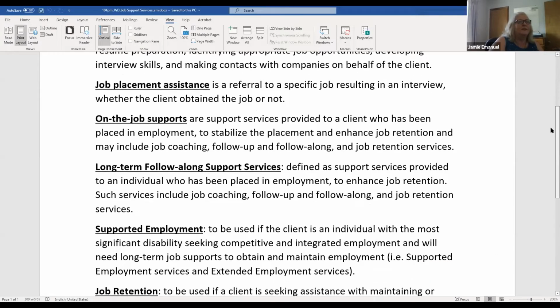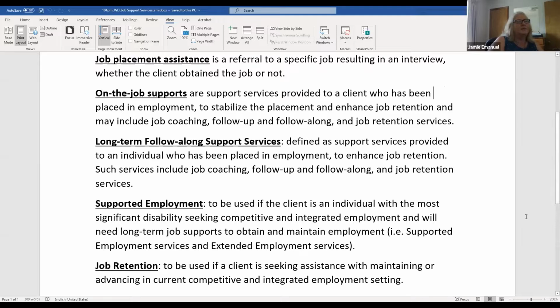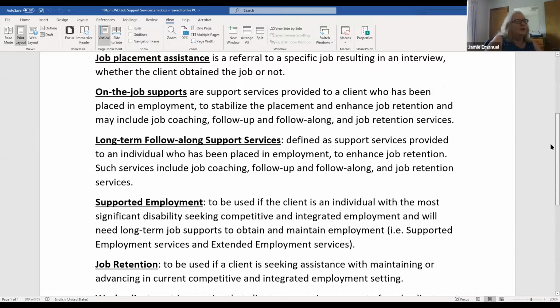Supported employment, this is usually for the most significantly disabled consumers who are seeking competitive and integrated employment. And this also needs long-term job supports to obtain and maintain employment. And then we can look at job retention.